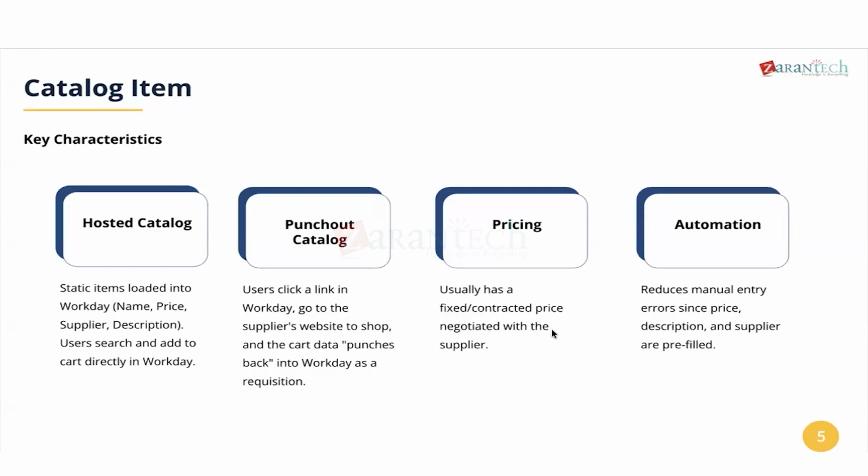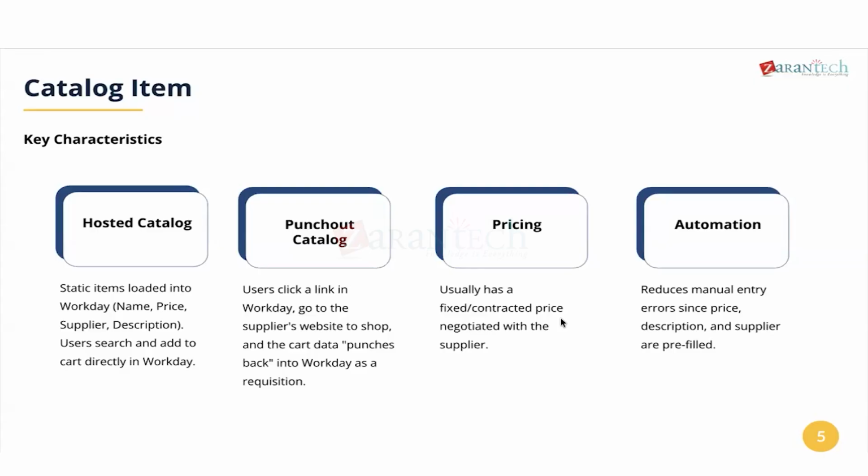Pricing. It usually has a fixed or contracted price negotiated with the supplier. As we were discussing, when the supplier is already registered in the system, they will have master agreements or master service agreements created, with fixed terms and conditions. So the pricing is generally fixed, or based on the agreements that have already been decided and signed.